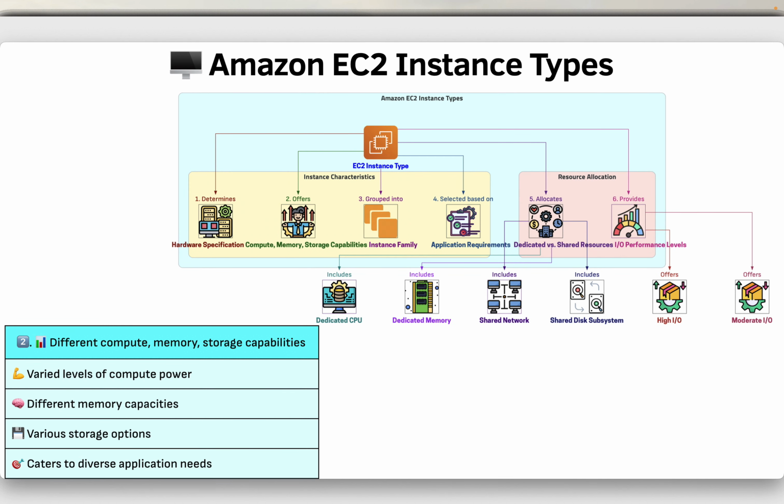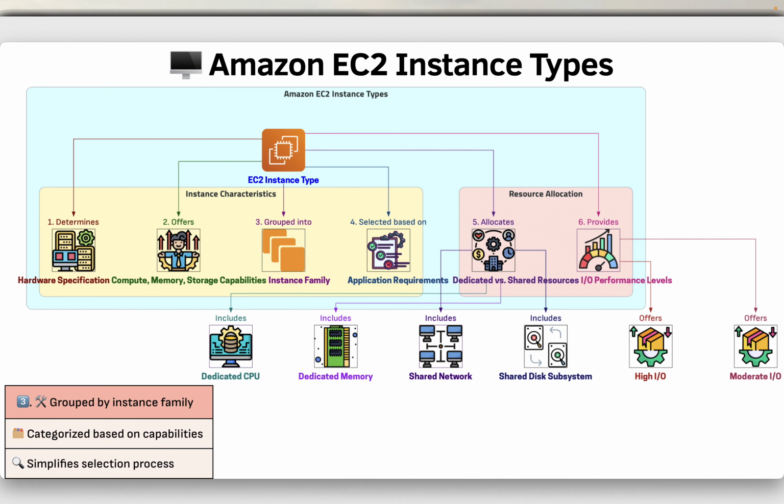Instance types offer varied levels of compute, memory and storage, and this caters to diverse application needs. So you can choose instance types. I will be covering what the different types of instance types are. Based on the type you choose, you will get some kind of compute, some kind of memory and some kind of storage as part of that instance type.